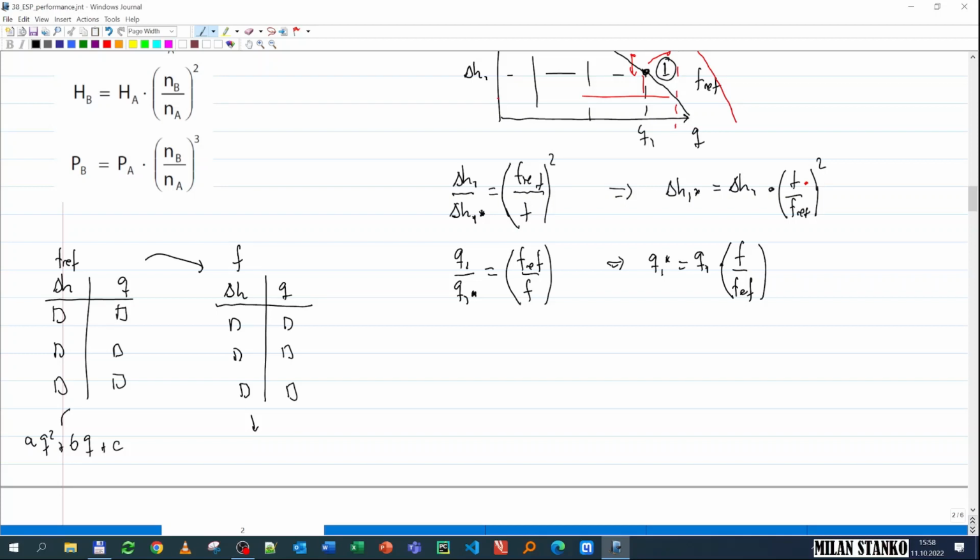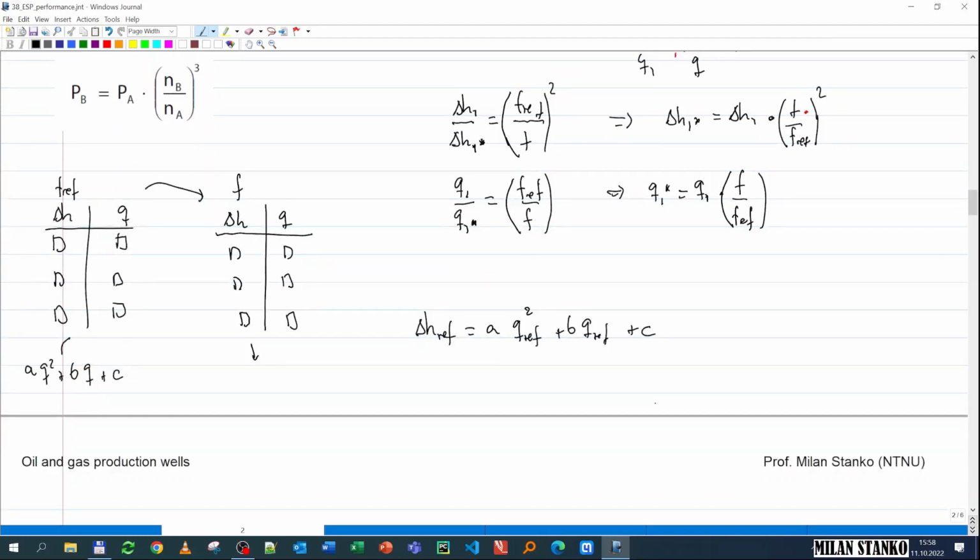So I can apply this correction directly on the polynomial. And for that, let's first put the equation, delta H. This will be for all the reference points, because I have found this tuned equation for all my reference points. Then I have here A times Q reference squared plus B Q reference plus C. Then I know that the Q reference divided by Q is going to be equal to F reference divided by F. Okay, so then I substitute that into Q reference in this equation.